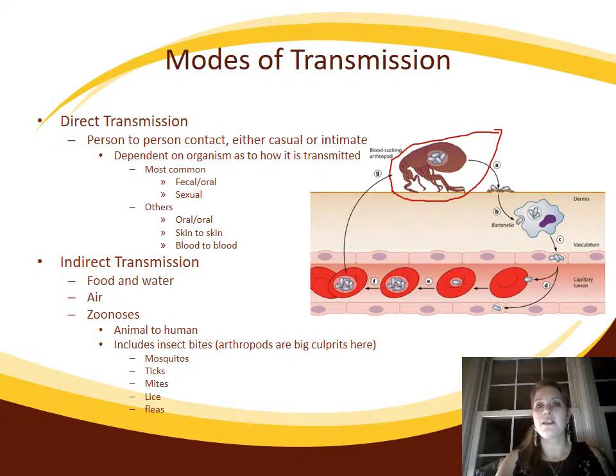Mosquitoes, ticks, mites, lice, fleas. So here is an example of why it is considered to be an indirect transmission. What we have here is a little flea dude, okay? A little blood-sucking arthropod. He's sucking blood, but he's not spreading the disease by sucking your blood. He's actually getting the disease from somebody by sucking the blood.